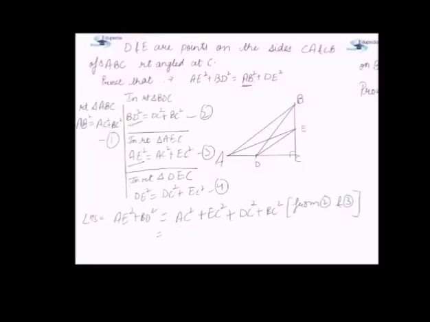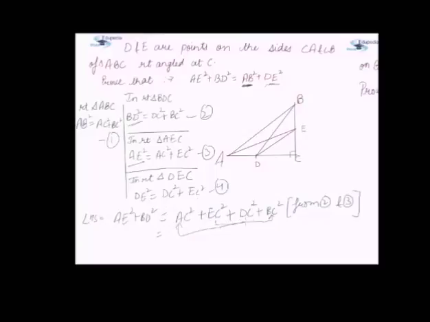Now in the right hand side we need AB, and from first, AB square is AC square plus BC square. So we are already having this in the left hand side, but we need to rearrange the terms to use the first equation. We also need DE, where DE square is DC square plus EC square.